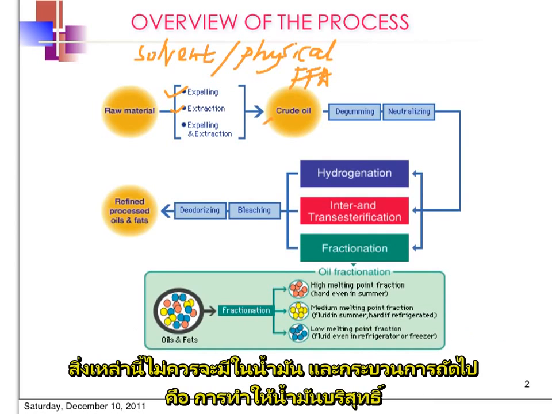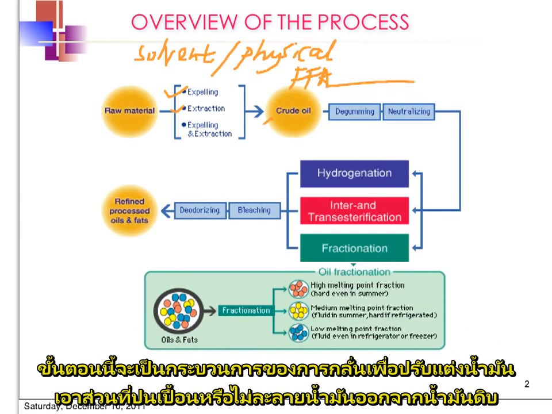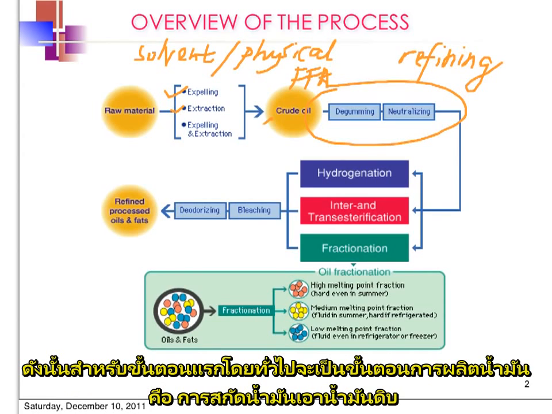The next process is to purify the oil, which is the stage of refining, to remove as much as possible the undesirable components from the crude oil. So the first stage of the oil processing is to extract the oil to get the crude oil. Then after that, refining.